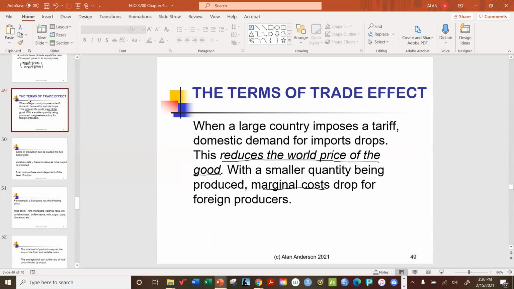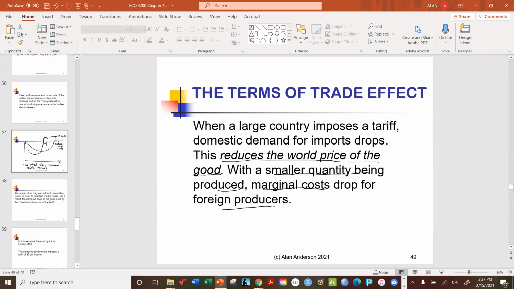Here it is. If the large country imposes a tariff, this reduces the world price of the good, so that foreign producers make less of the product and their marginal costs start to fall. Okay, so this cuts both ways.